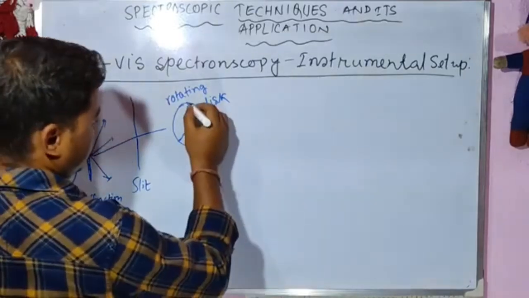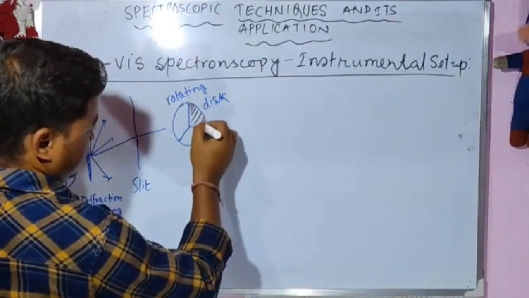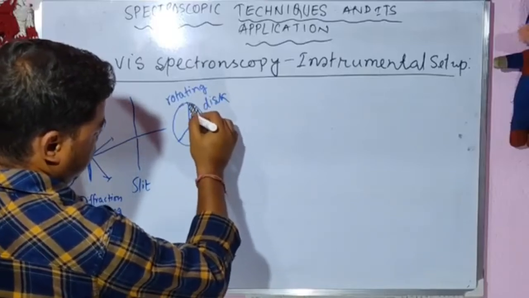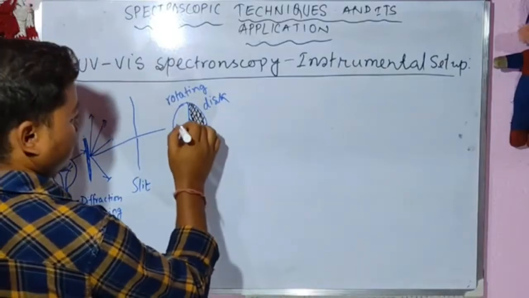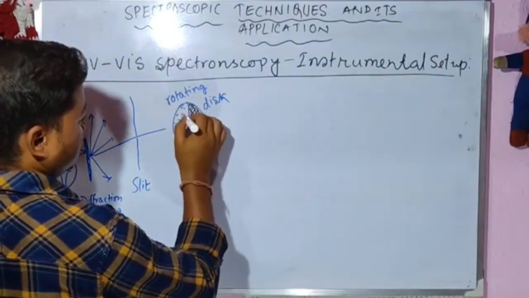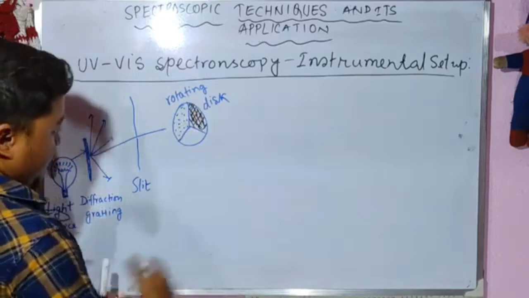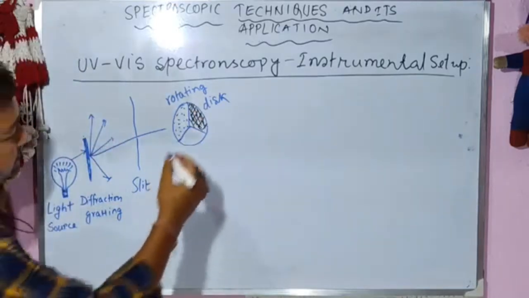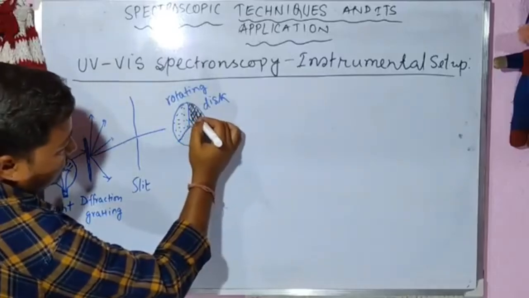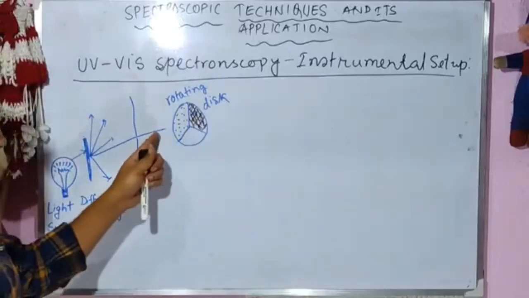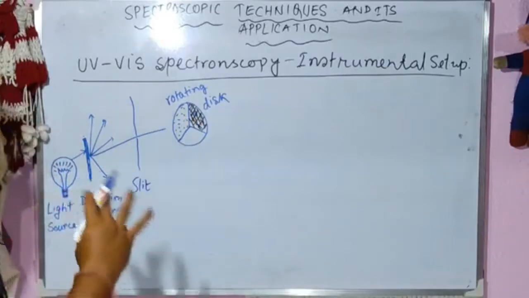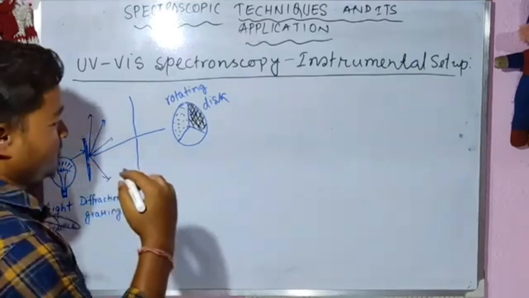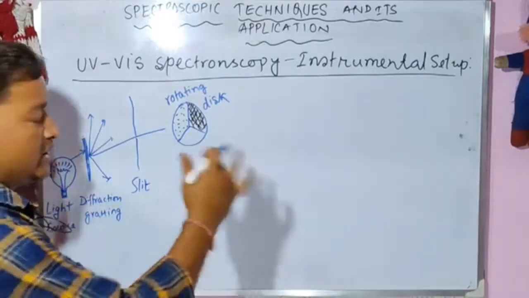One part is totally black. If the light falls on this part, the light is totally absorbed, so no transmission occurs.